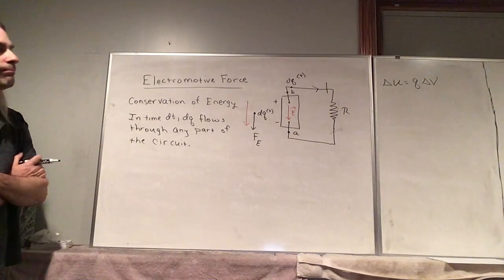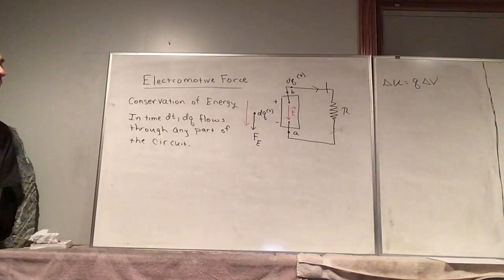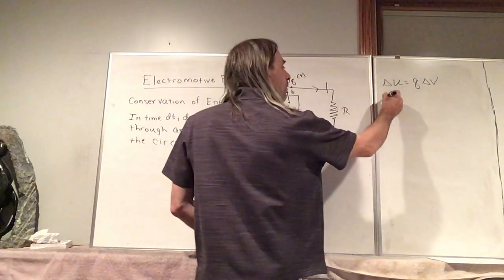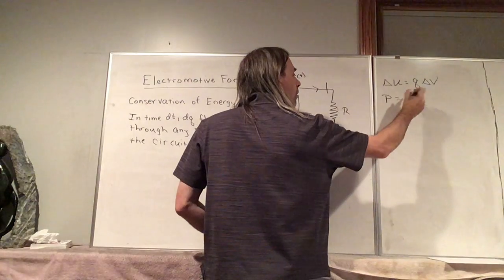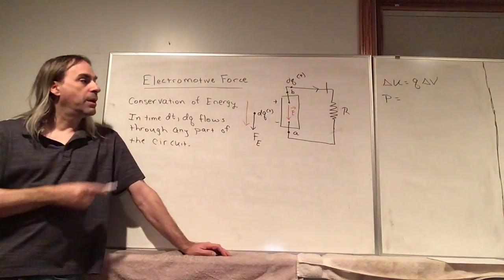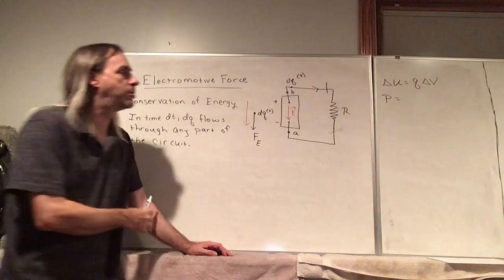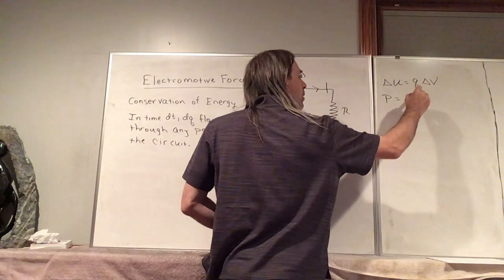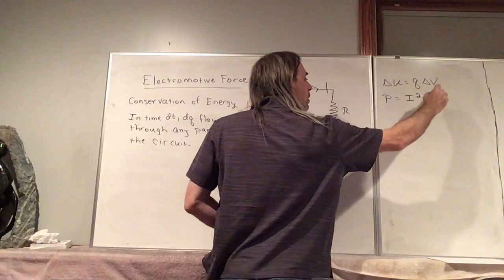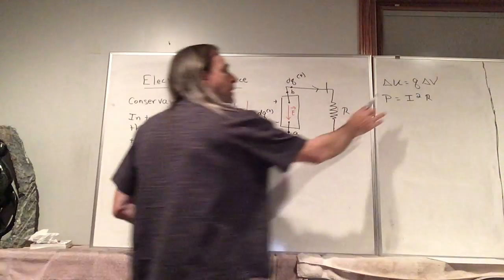If you have a 1.5 volt battery, that would be delta V. Now the rate that power is dissipated by a resistor, in general power is current times voltage, but for a resistor we can also apply Ohm's law. So that would be I squared R. So that's the rate. Let's actually write it this way.